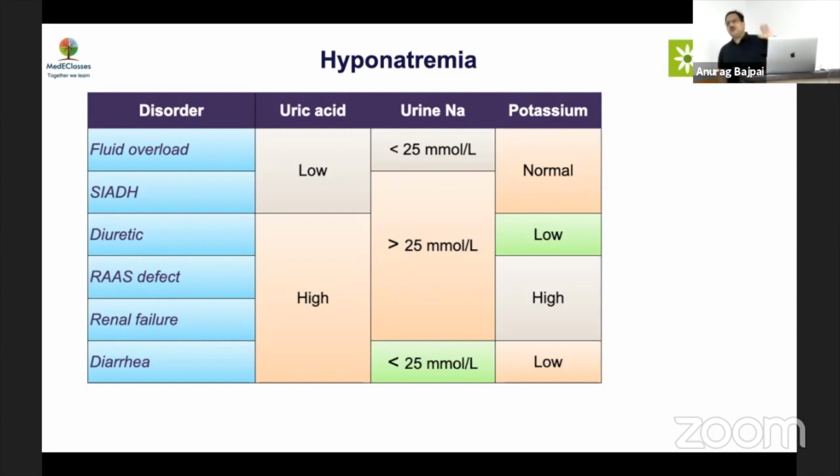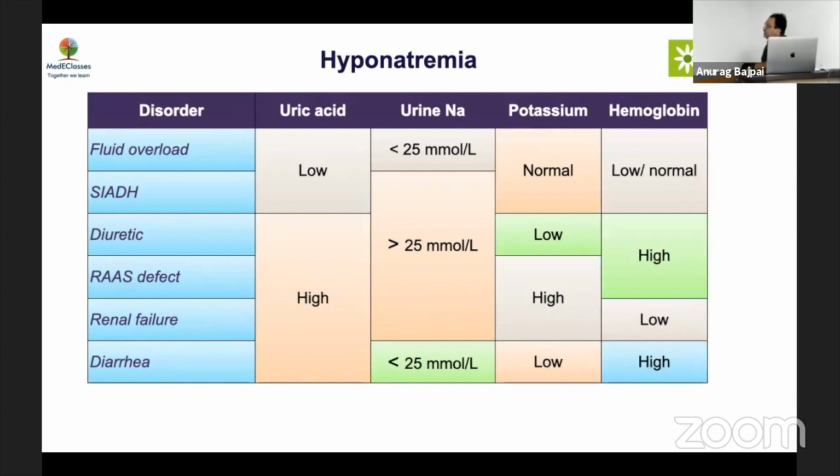Aldosterone is independent of ACTH. This we have discussed when we discussed pituitary. And finally, hemoglobin is also a marker of dilution. So if your hemoglobin is high, it means concentration, low means hypervolemia. So a very important thing is to look at urine sodium and potassium. These two will really be very helpful to classify.